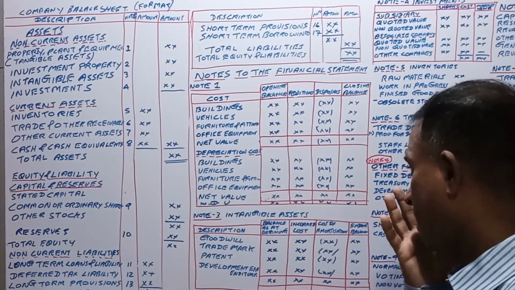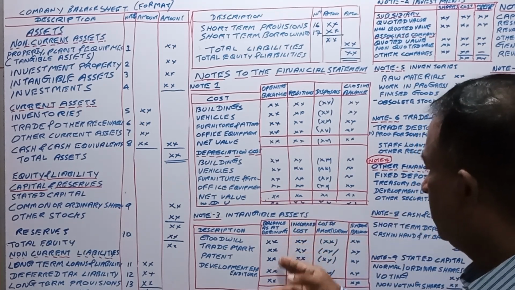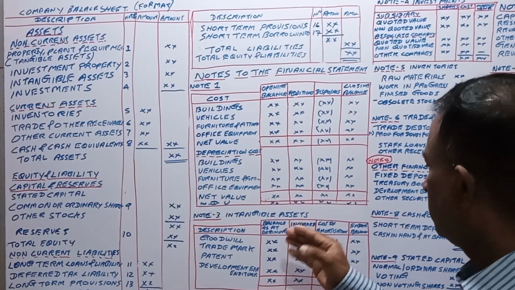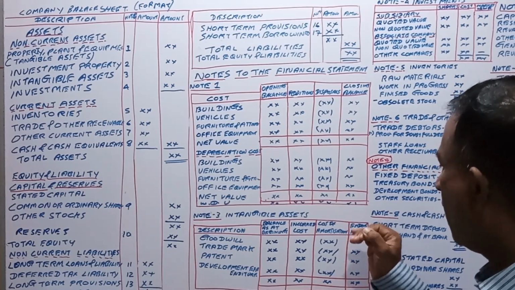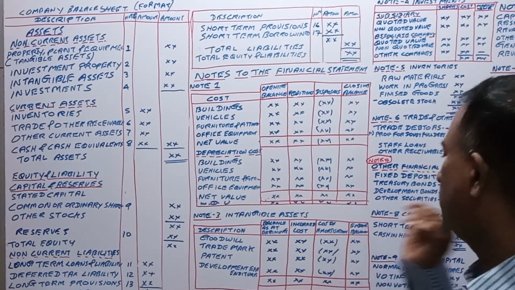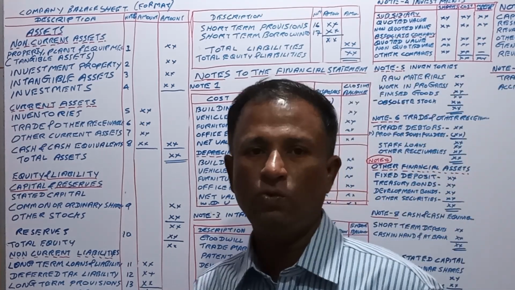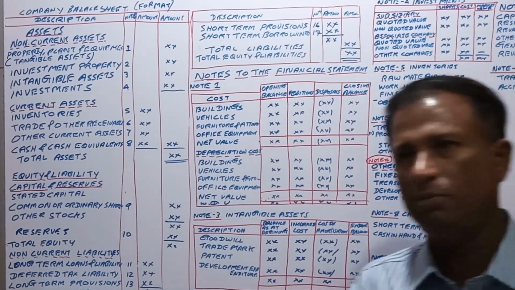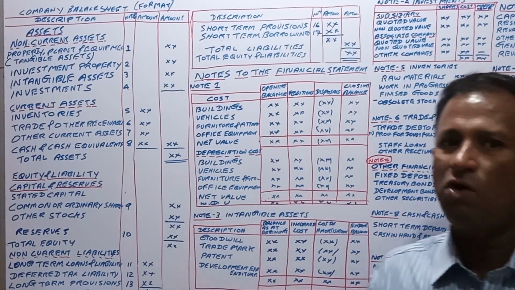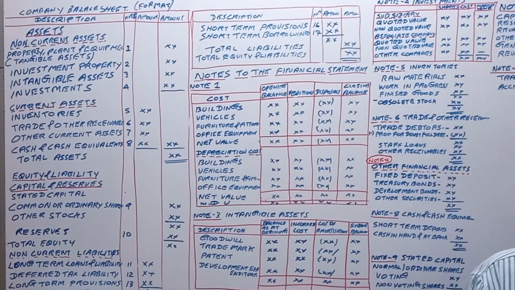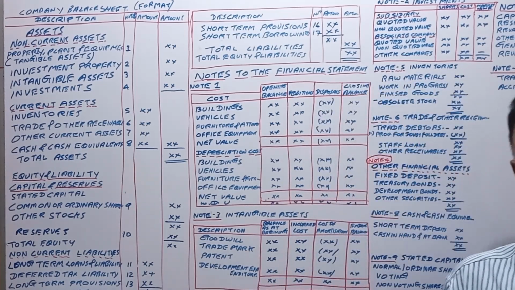For all these assets, here also we mention the balance at the beginning, the costs incurred during the year and the cost of amortization done during the year. Amortization is a new word for you. Amortization is similar to depreciation. That means we are going to write off periodically a consistent amount, or based on a percentage, right?